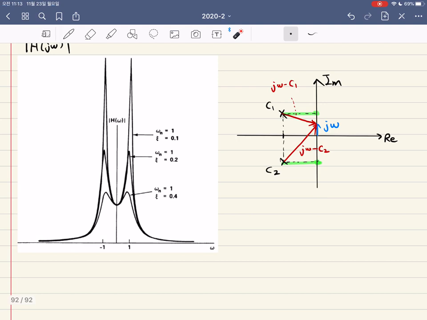And in this case, it is 1 because we set omega n as 1. This is my bad.